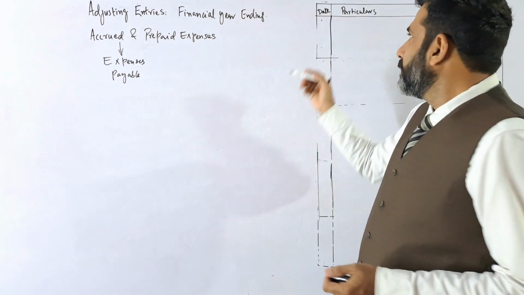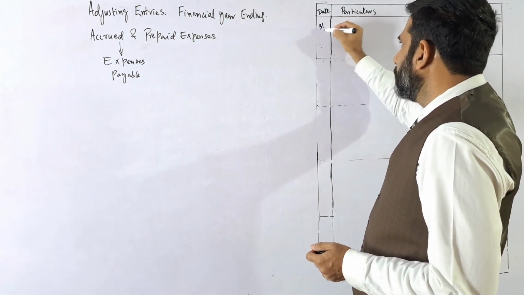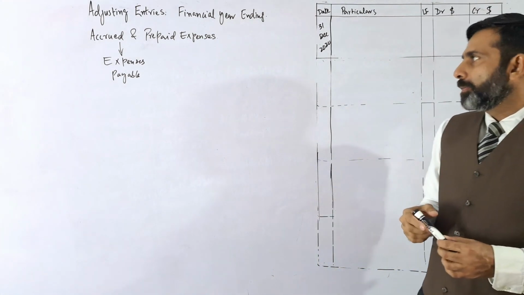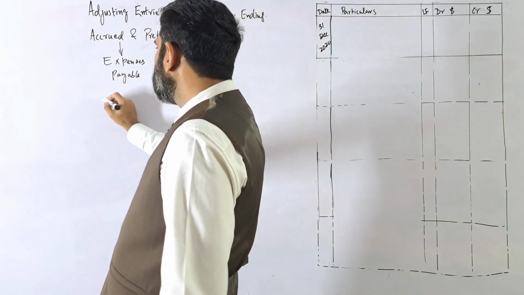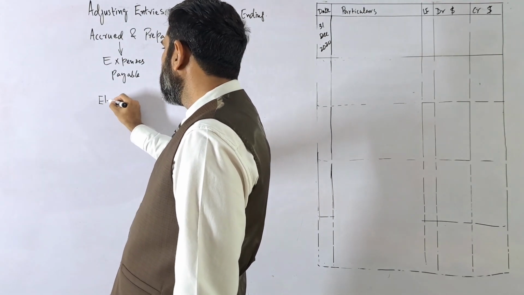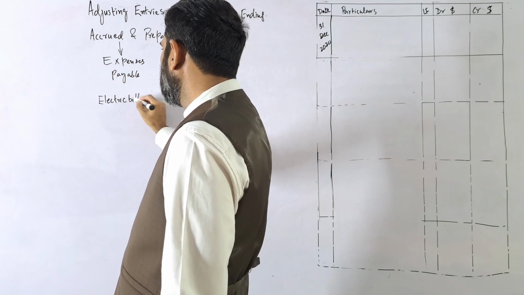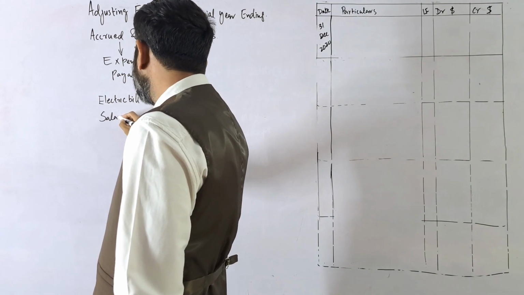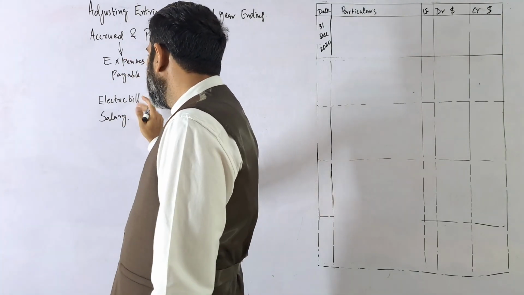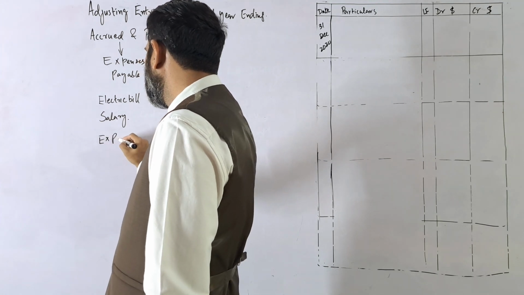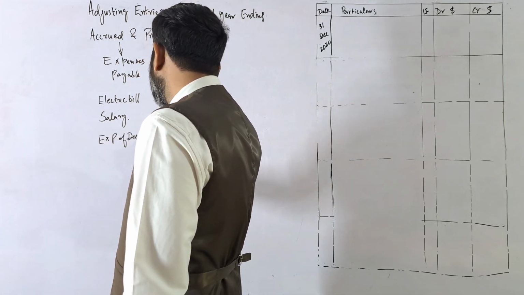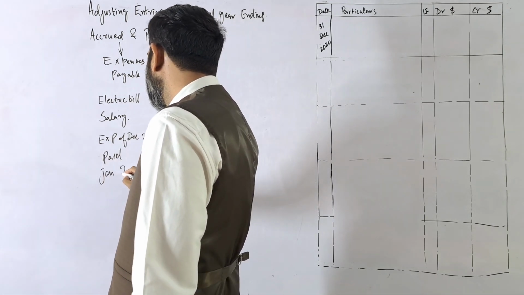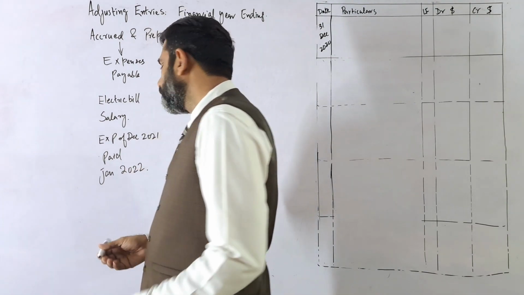Let's say that the financial year is ending on the 31st of December 2021. Now, for an expense payable, for example, we take the electric bill, or it may be a salary. Now, the expense of December 2021 will be paid in January 2022.